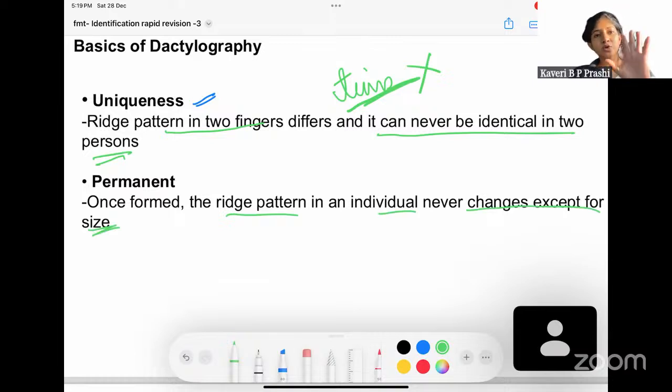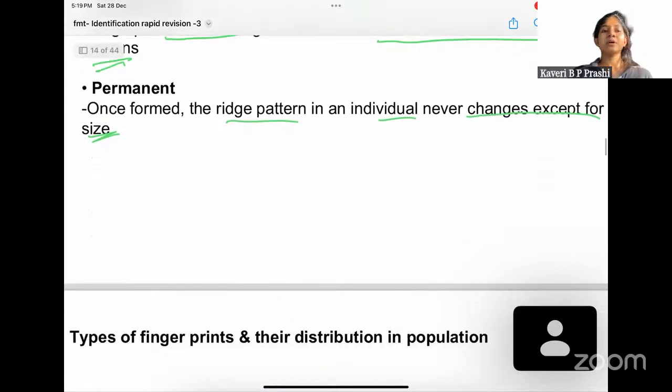That is, as we grow big, as the skin expands, as the tissue expands, by size-wise, it can grow. But the pattern is going to remain same from birth until death, unless or until it is mutilated, for example, by leprosy or by a burn, by a scald. Only then there could be some changes. Otherwise, it is a relatively permanent thing.